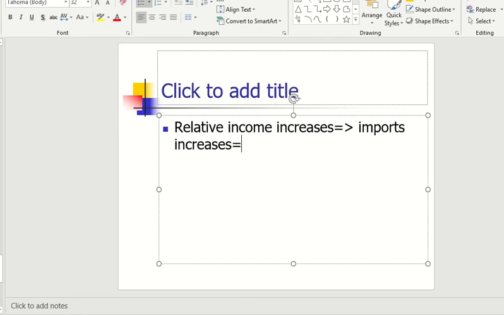If you recall net exports, which is exports minus imports, with an increase in imports, we're likely to have a decrease in net exports. So that is what is likely to happen when the relative income of an economy increases compared to its neighboring countries or major trading partners. It is likely to see a decrease in net exports.